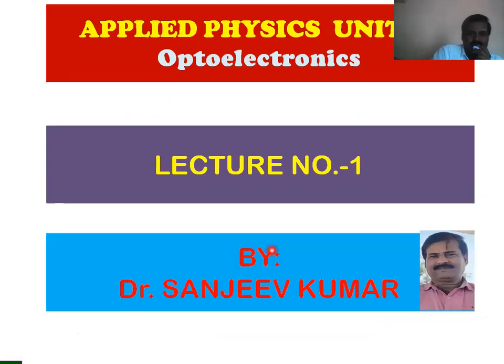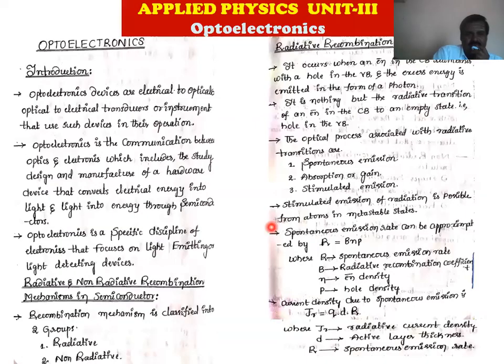In lecture 1 of Unit 3 Optoelectronics, we are discussing the introduction part and radiative and non-radiative recombination mechanisms in semiconductors.